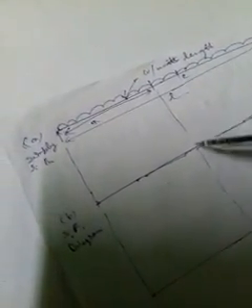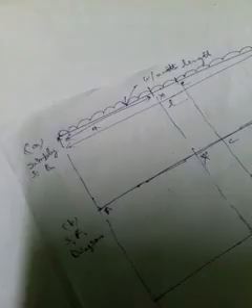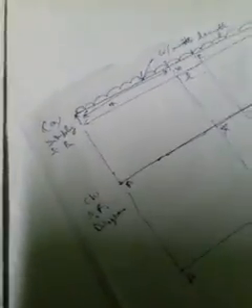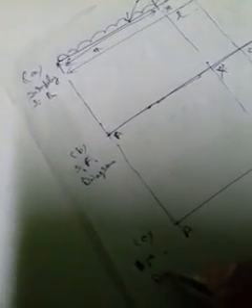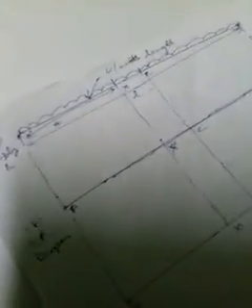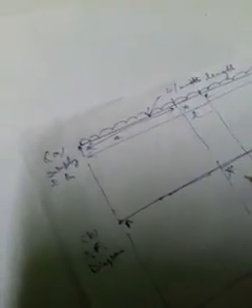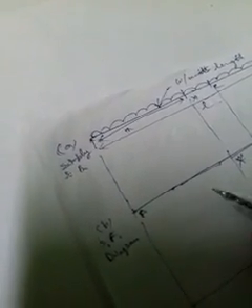At these points A, C, B. Now at first at A, RA equal to 0.5 WL, that is WL by 2.